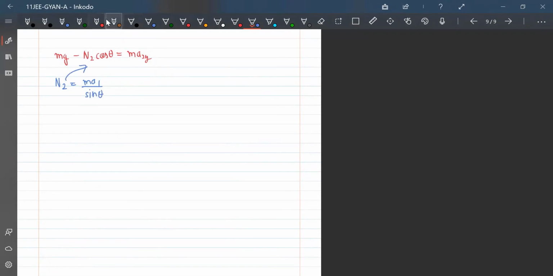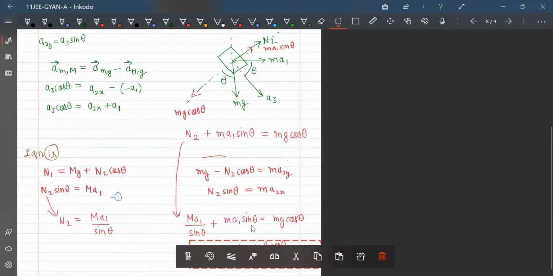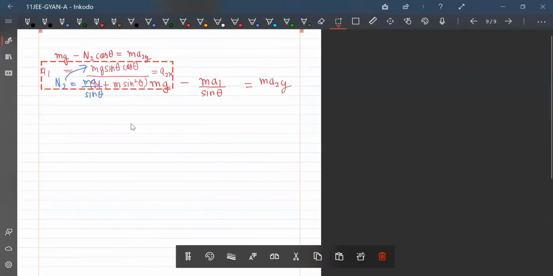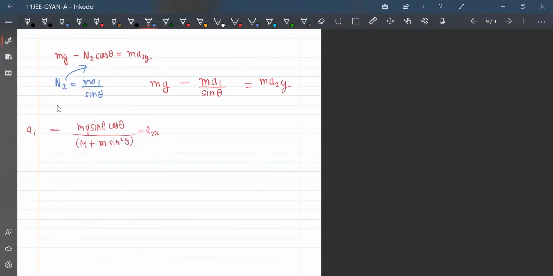I'll put it here. And a1 की value भी निकाल लो. a1 की value is this one. So just put it there. So I'll put a1 here.